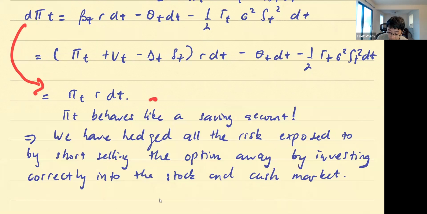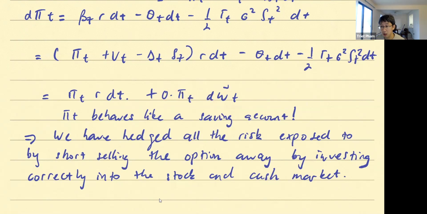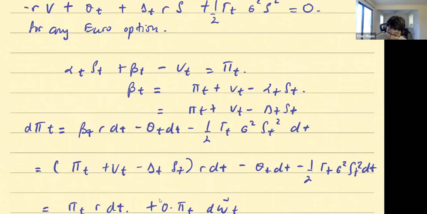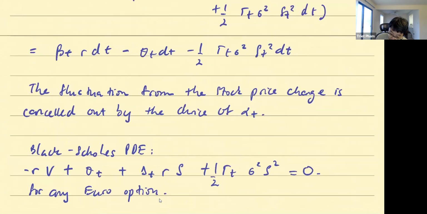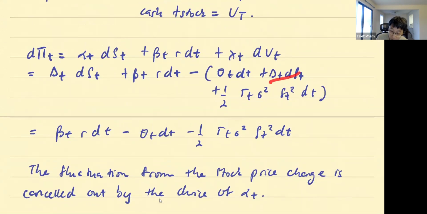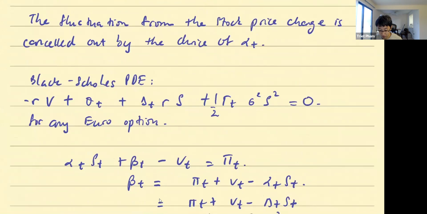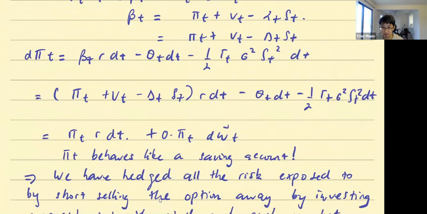So you have no Brownian motion component. Zero Brownian motion component. The fluctuation, the noise of the market caused by the Brownian motion, does not enter into your portfolio at all. It was canceled out exactly by the canceling out of the DS right here. Okay. All good?